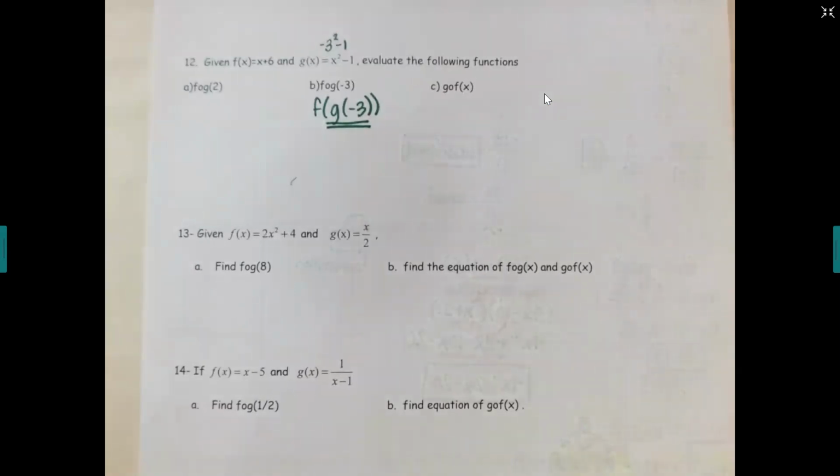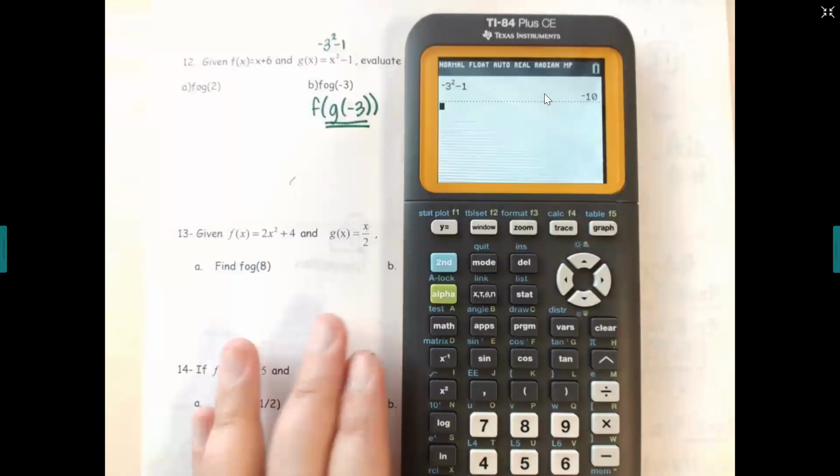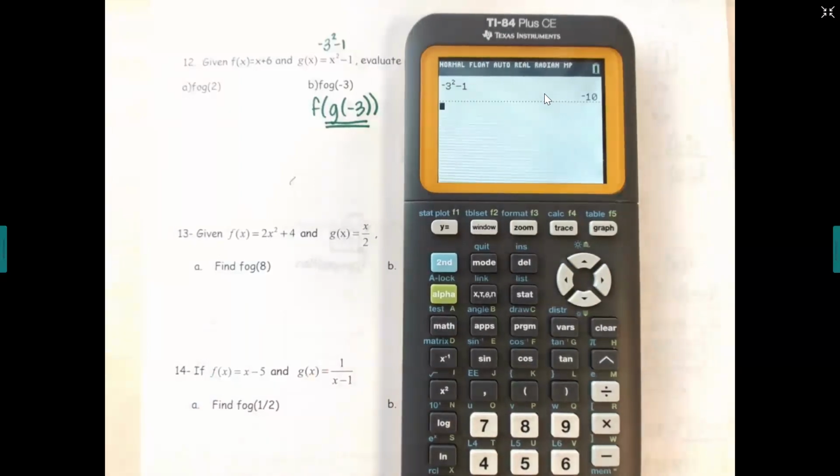Aiden, can I do that better? Yeah. Okay, y'all tell me if this is right or wrong. Negative 3 squared minus 1. Is that right? No, if you're gonna put it in the calculator, what is negative 3 squared? What does that mean? Negative 3 times what? Another negative 3. And what's a negative 3 times another negative 3?